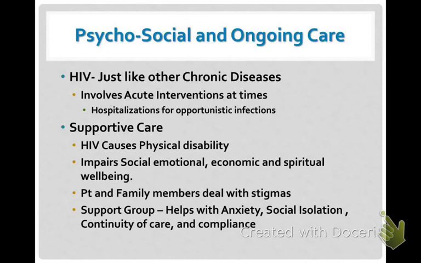So a lot of times, just like with any chronic disease, they can have acute exacerbations, and they may need to be hospitalized for some of these opportunistic infections, like I was talking about. There's a whole list of them.